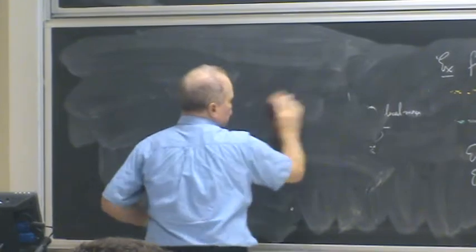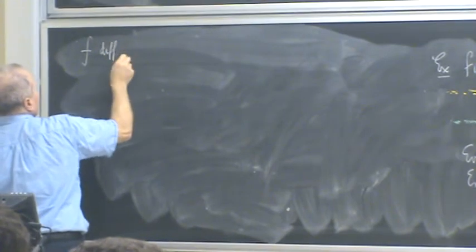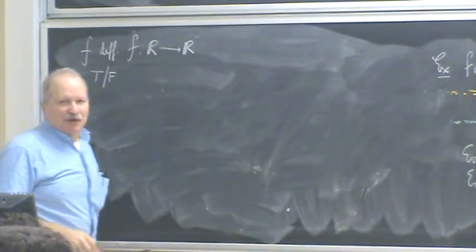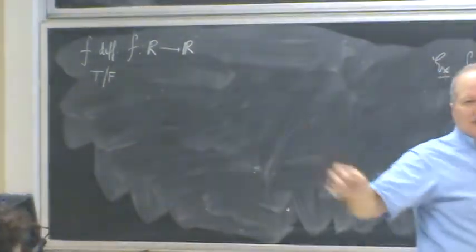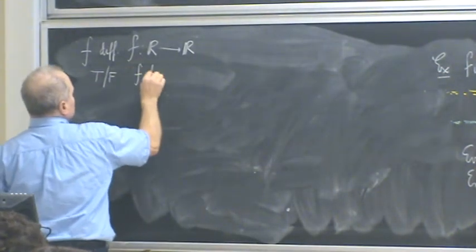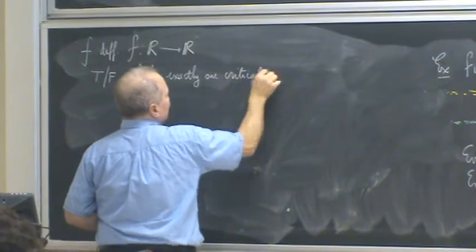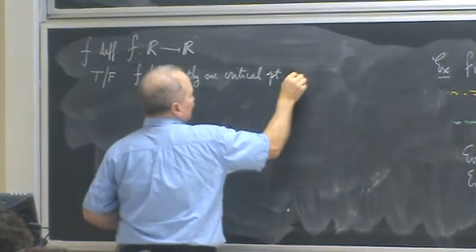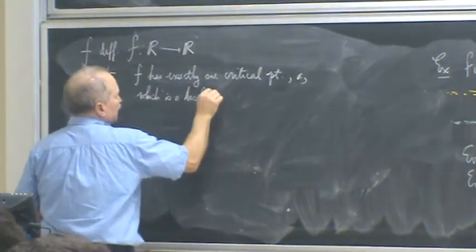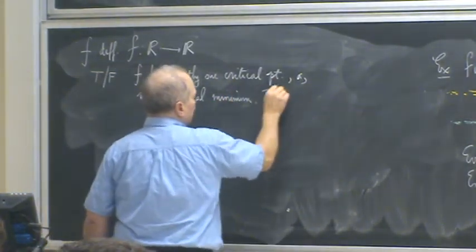Single variable calculus, true or false? A function differentiable everywhere on R that has exactly one critical point A, which is a local minimum. Then it must be a global minimum.